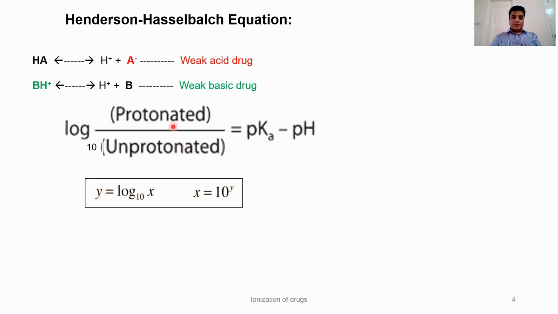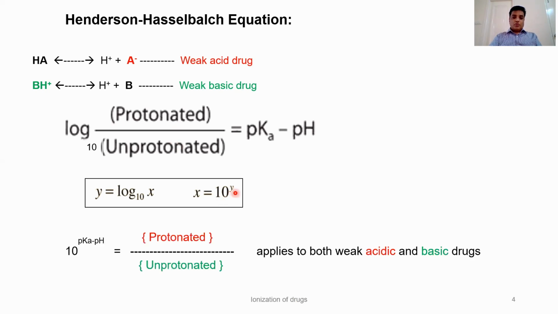X is here, protonated over unprotonated, is equal to 10 to the power y. So 10 to the power pKa minus pH is equal to protonated over unprotonated. This is nothing but the derivation or extension of the Henderson-Hasselbalch equation, the primary equation, which applies to both acidic and basic drugs and helps in estimation of ionization status.